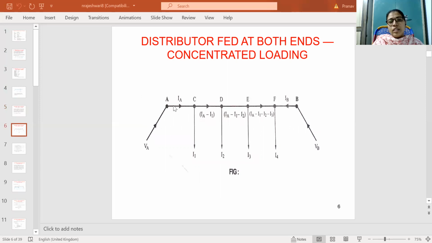This is the figure for the distributor fed at both sides, with VA or V1 and VB or V2. Here the currents are IA minus I1, IA minus I1 minus I2, IA minus I1 minus I2 minus I3, and this is I4. IB is coming from point B and IA is coming from point A. These are the loads I1, I2, I3, I4.